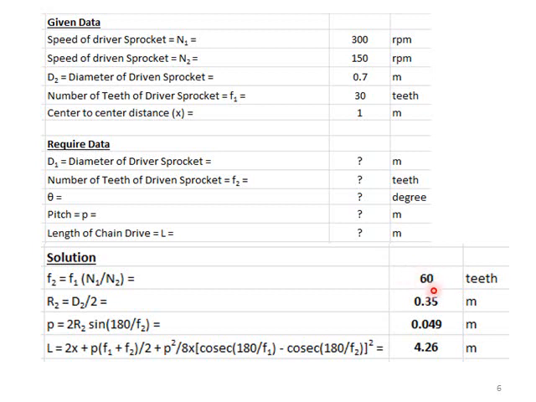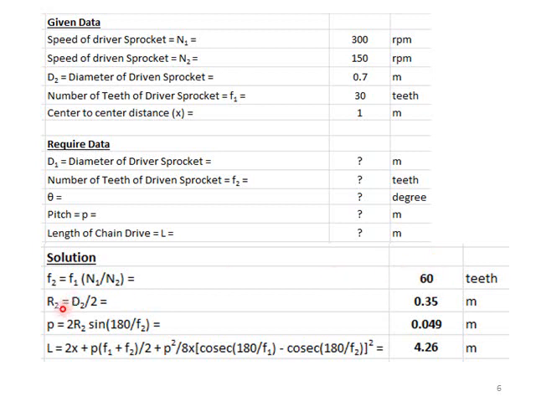We can verify this result. It's very simple. The speed of driver sprocket is 300, whereas the speed of driven sprocket is 150, which is half of 300. This means the number of teeth of driven sprocket will be twice that of the driver sprocket. So 60 is twice of 30. So our result is safe and okay.